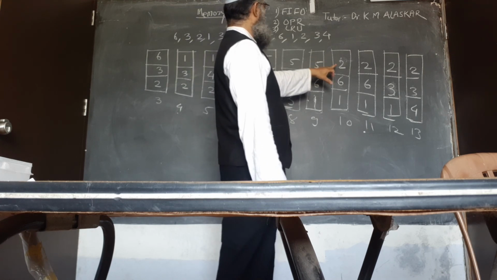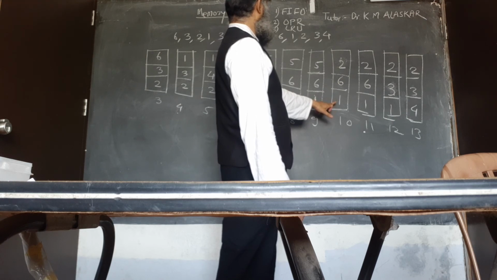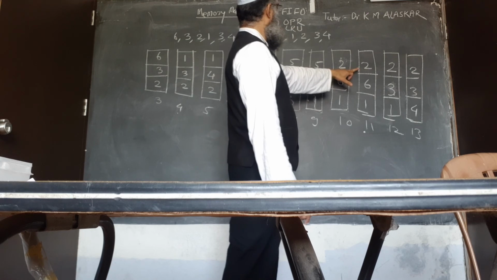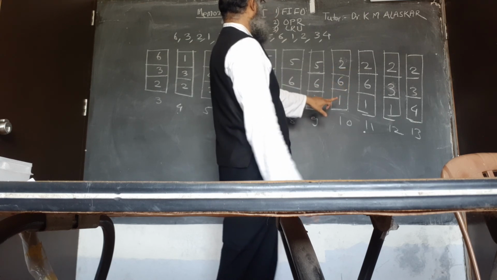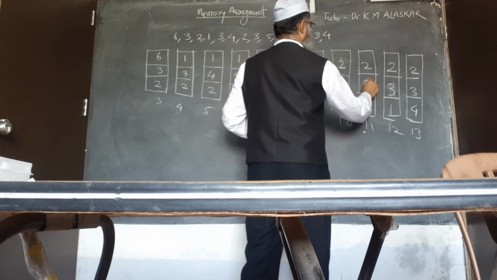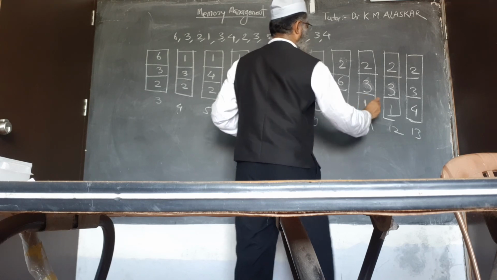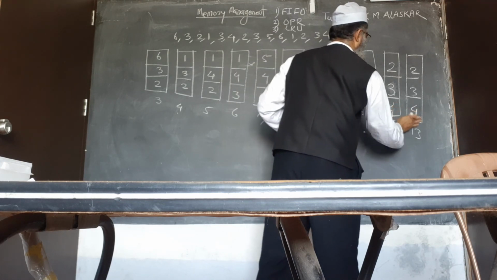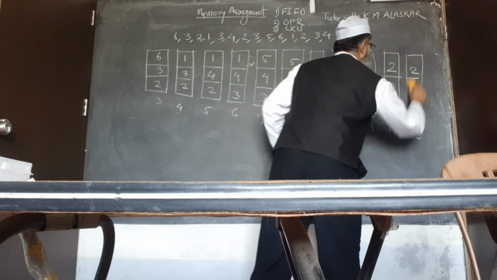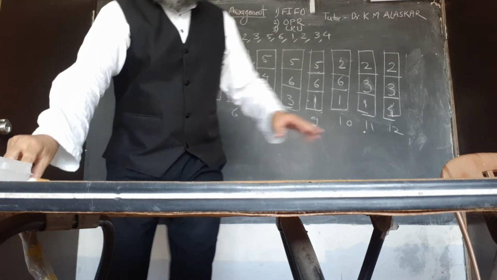So this is 2, 6 and 1. Okay, and for 3 again, we will remove here 2, 3 and 1. So this page will be removed. The last one is not necessary. So total page faults required will be 12.